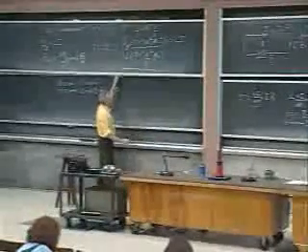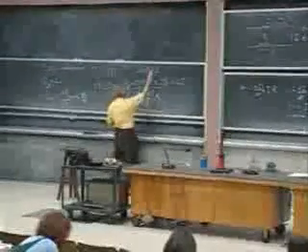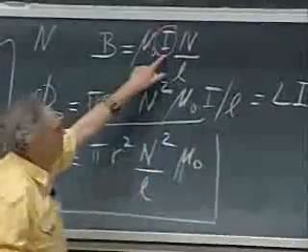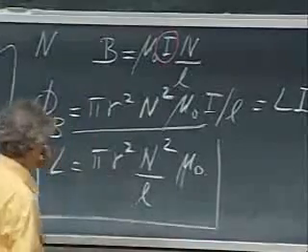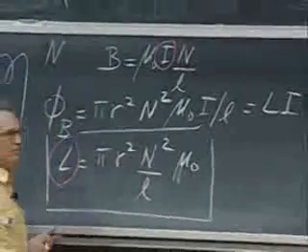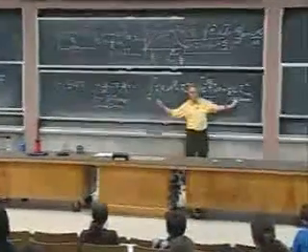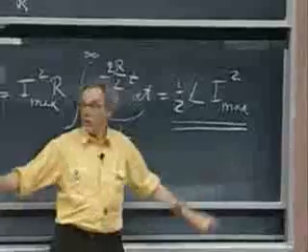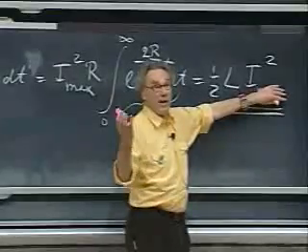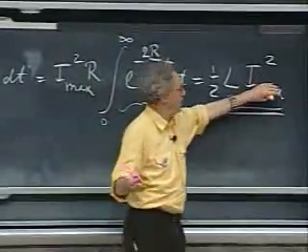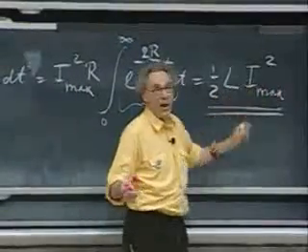And if I know that the energy that is ultimately coming out is 1/2 L I squared, then I have here I, and so I can replace that I by B divided by mu 0 times L divided by N, and here I have L. And if I substitute in here the value for L that we have on the blackboard there, and for I the value that we have there, you can drop the maximum now. This simply tells you that any moment in time that I have a current I running through a solenoid, the energy that is available in the solenoid in the form of magnetic energy is 1/2 L I squared.